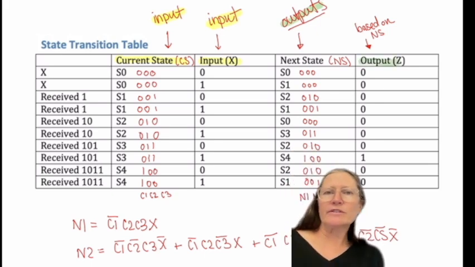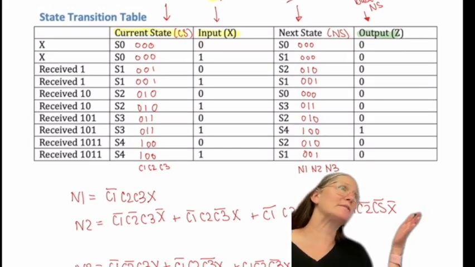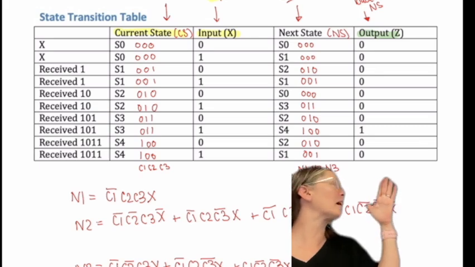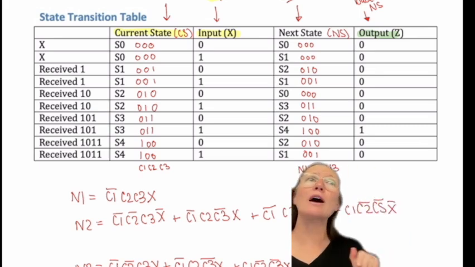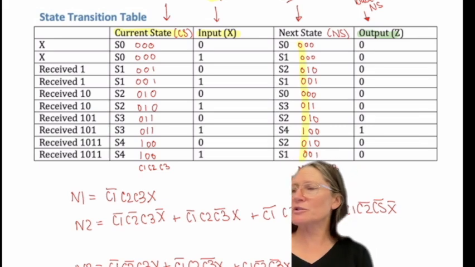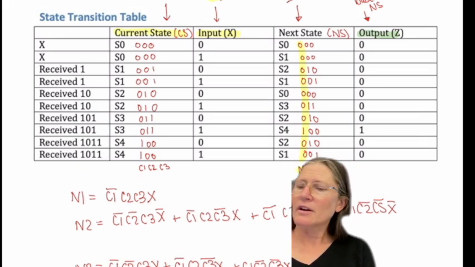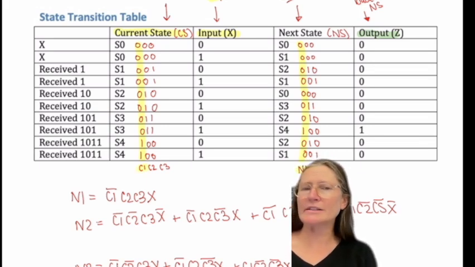As you can see, the next state has 3 digits, 3 bits. So we're going to need to have each one of those as its own output. For example, I'm going to call this first column N1. And here I called the first column of this one C1 for current state.